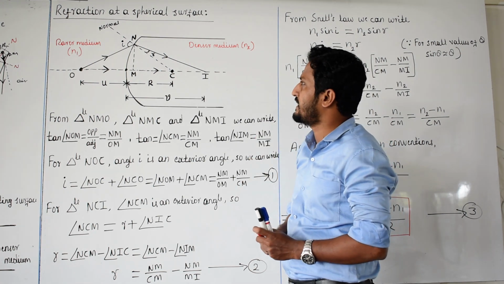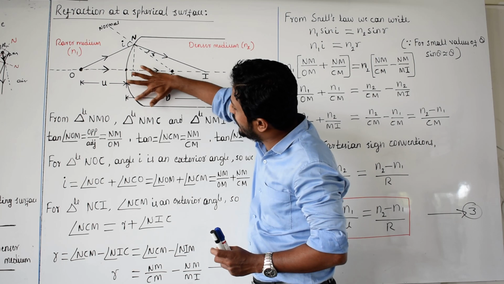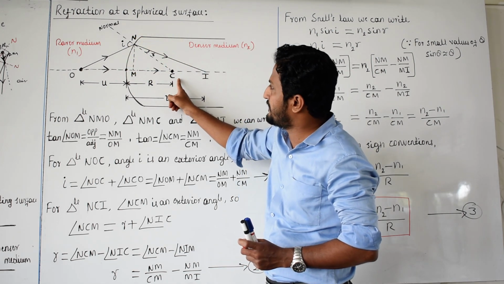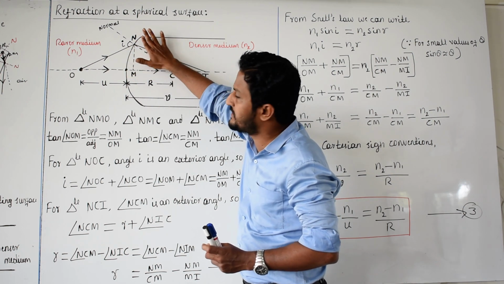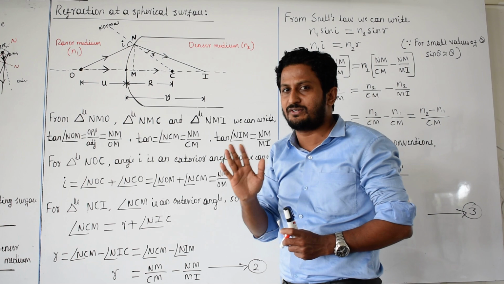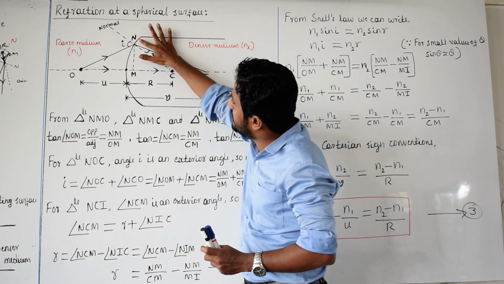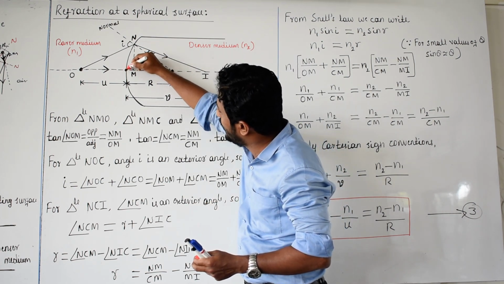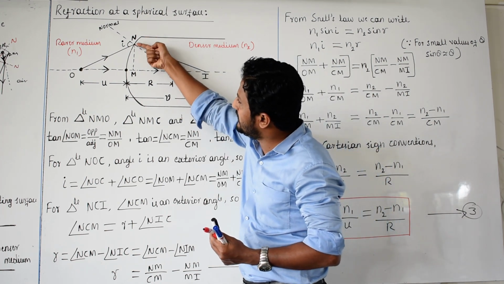So now you see here, this surface is a convex surface. This is the center of curvature. Already I said that the curved surface which is available for refraction is called the aperture. Its midpoint, this point, we have to call the pole. This is the pole, the midpoint of that aperture.